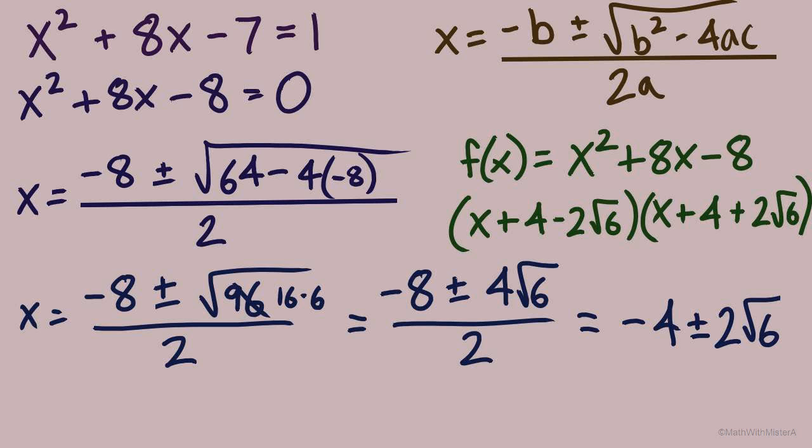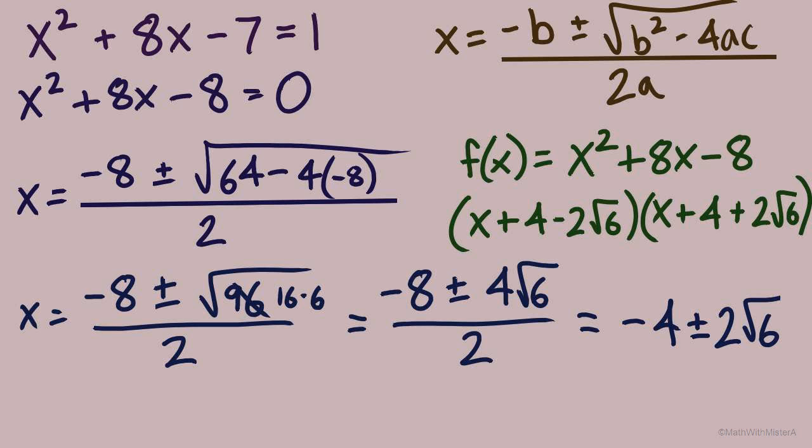So if I think about first using negative 4 plus 2 radical 6, plugging this number into parentheses with x minus would give me x minus negative 4, so that's x plus 4, and minus 2 radical 6. Here it's basically the same, but with our signs adjusted a little bit because we use negative 4 minus 2 radical 6. So x minus negative 4 became the positive 4. X minus negative 2 radical 6 becomes this positive 2 radical 6.